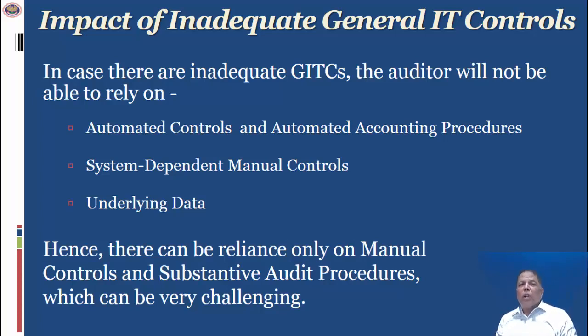In this scenario, the only option is to do a substantive audit, and you could probably rely on manual controls, and all this, as we discussed earlier, is extremely challenging and taxing.